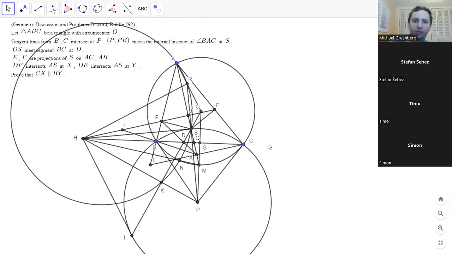Instead of using Ceva and doing all that, what we could do is... oh no, I feel like we're going in circles. We don't know that X is the midpoint of CT. It's equivalent to showing that L is the midpoint of HF, for example.